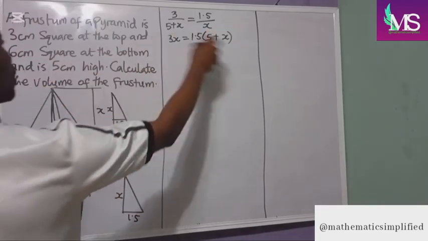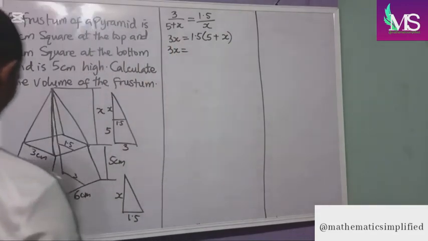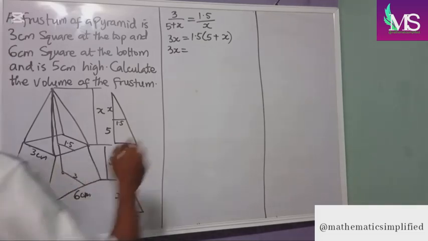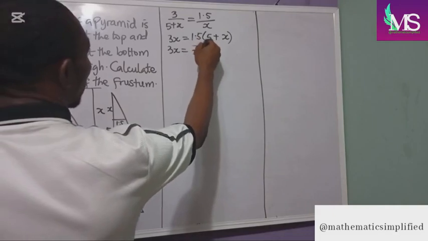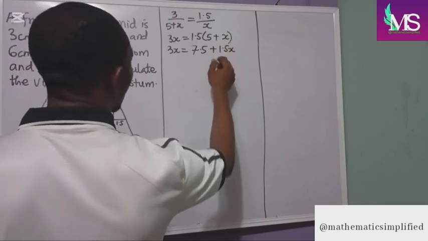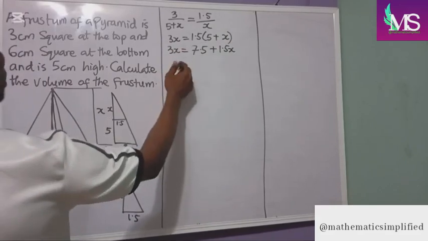Now, opening up that bracket, 3x equals 1.5 times 5, which will give us 7.5, plus 1.5x.